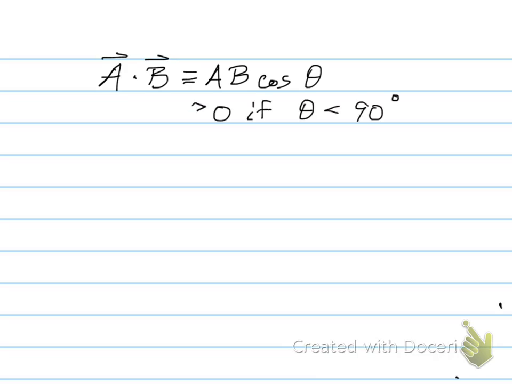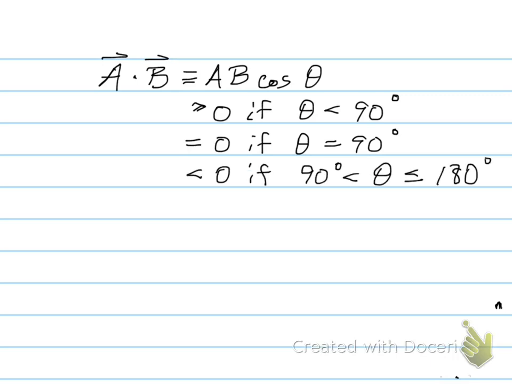And so we can say that the dot product is itself positive, greater than zero, if the angle is less than 90 degrees, because angles between 0 and 90 degrees have cosines that are positive. The dot product is equal to 0 if the two vectors are at right angles to each other, and the dot product is negative if the angle between them is larger than 90 and up to 180.